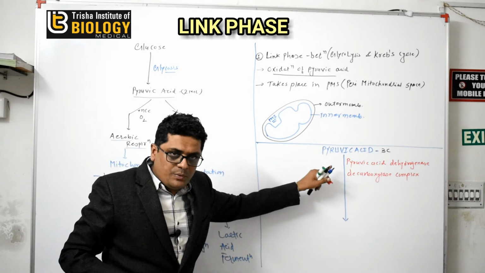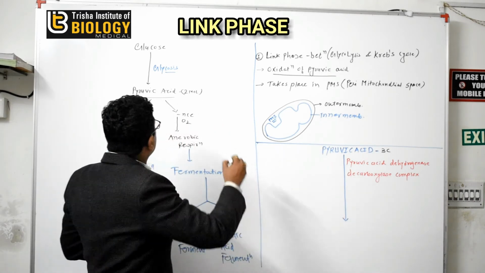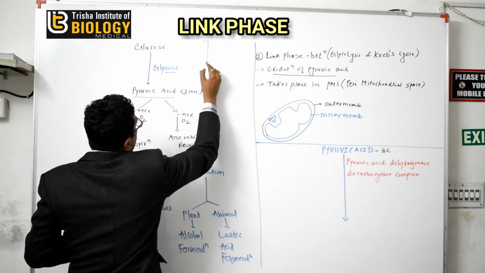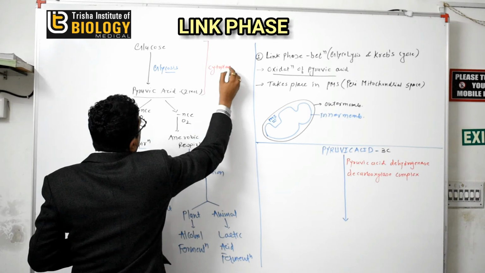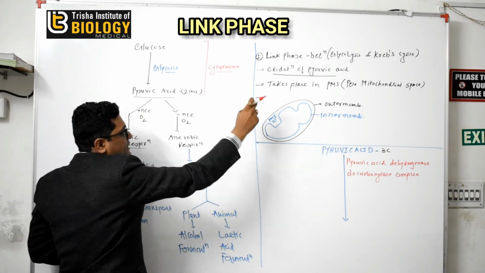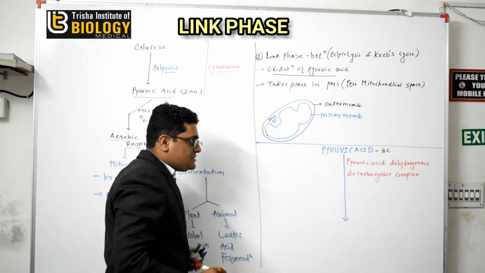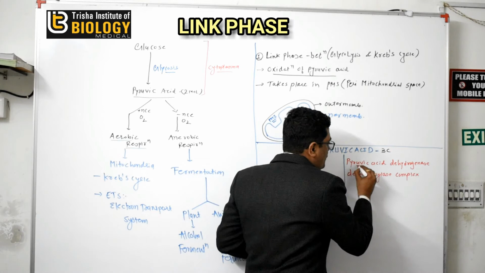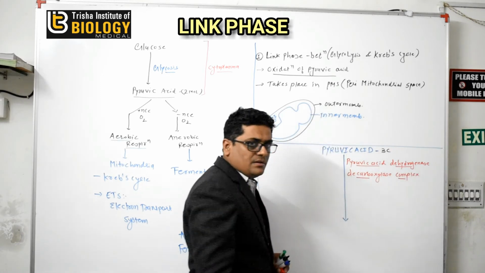Where is the pyruvic acid formed? Pyruvic acid is formed in the cytoplasm, because glycolysis takes place in the cytoplasm of the cell. From there, this pyruvic acid enters the peri-mitochondrial space, where it gets oxidized with the help of the pyruvic acid dehydrogenase decarboxylase complex.